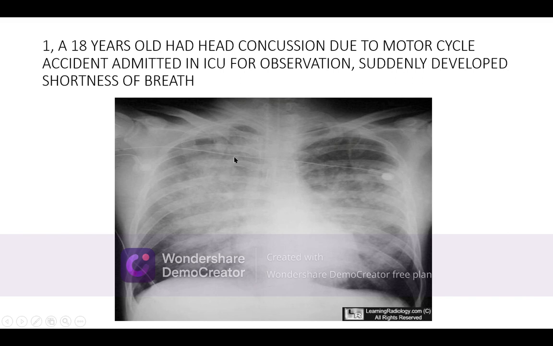Now, the differential diagnosis without scenarios is that it may be acute inflammation. Maybe he aspirated because he was admitted in the hospital and developed bilateral pneumonia in the form of what we call aspiration pneumonia.